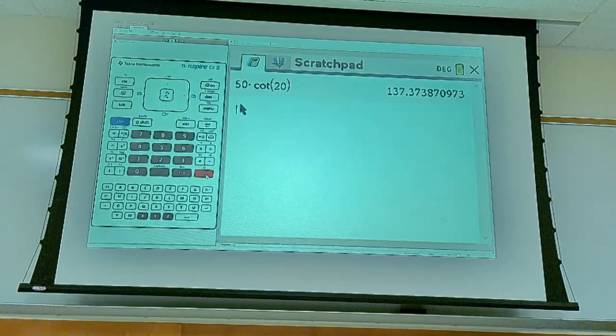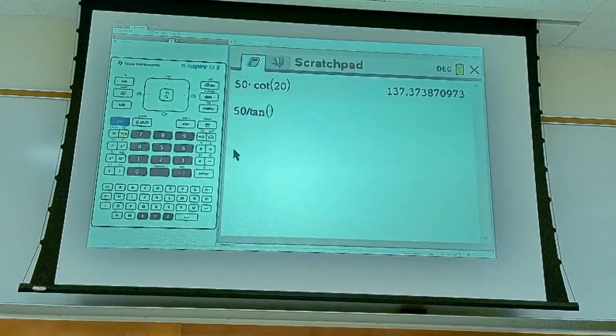If you do not have all 6 trig functions, most graphing calculators should at least have the 3: sine, cosine, tangent. Then you just do 50 divided by tangent, because cotangent is 1 over tangent.